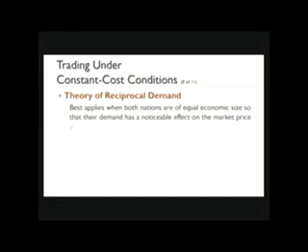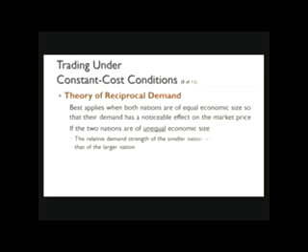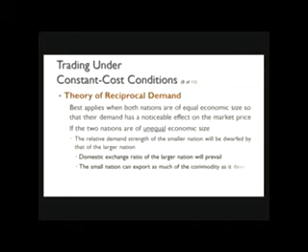The theory of reciprocal demand steps in when we consider two nearly identical nations in terms of population and wealth engaged in trading activities. Given the similarity of their economic profiles, their factors of demand will have a pronounced effect on market prices. Consumption and trade gains will be noticeable, and market prices will show signs of improvement.